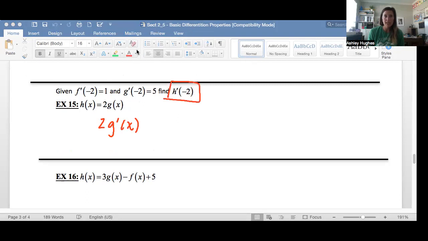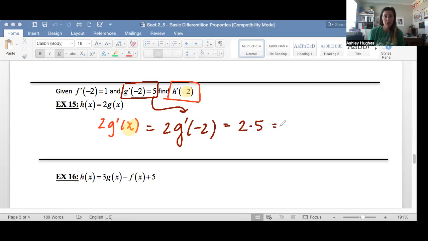So it's essentially asking you to plug in negative 2. So that would be 2 times g prime of negative 2. And they told us g prime of negative 2 is 5. So that means this is 2 times 5, which is 10.